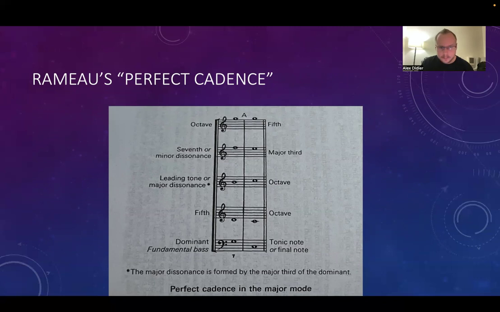As you can see here, he explains that the seventh or minor dissonance versus the leading tone or major dissonance is then resolved, and the dissonance is held within the chord. He also explains that the dominant dominates the tonic, unlike other understandings where the tonic sort of is dominant, if you will.